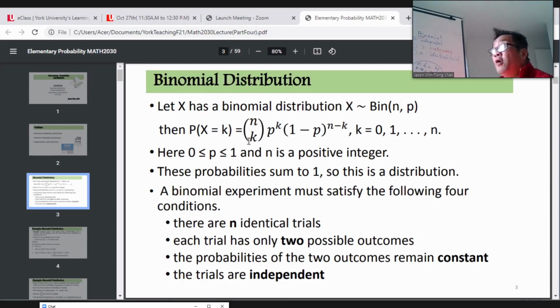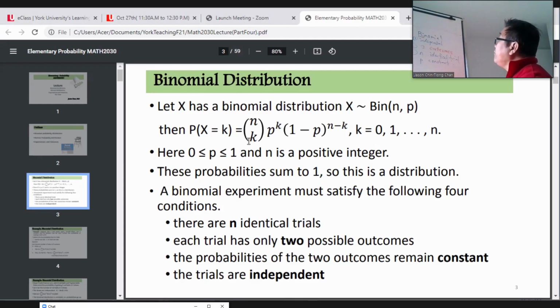This is called an identical try. And then every time you flip the coin, you get 50%. So the p-value had to remain constant all the time. If it keeps changing, then no. So the p-value had to be constant.